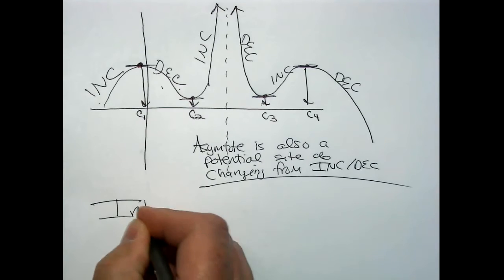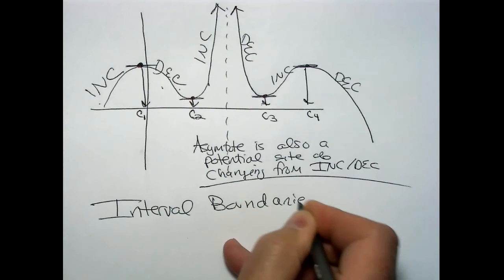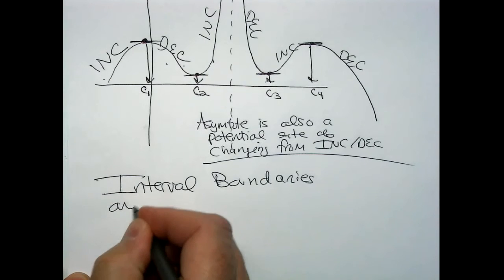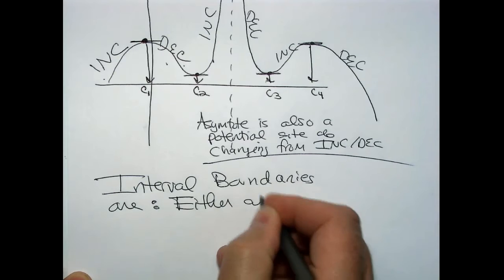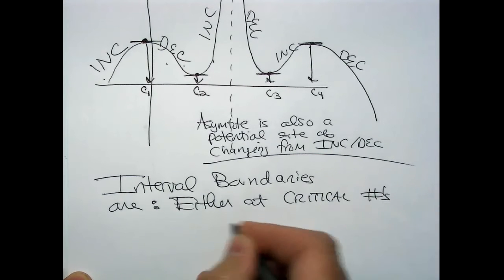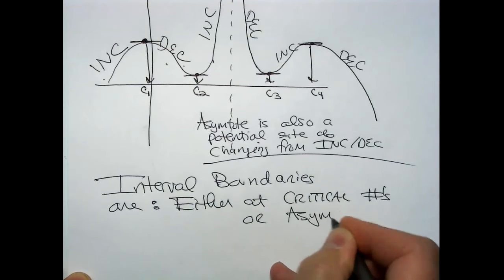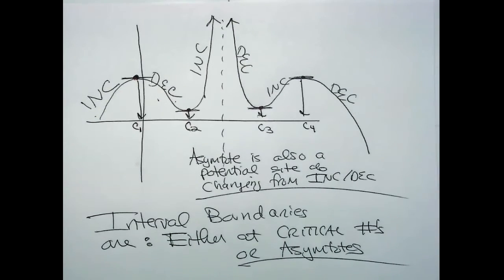The interval boundaries are either at critical numbers or asymptotes. Those will pretty much be the only places you're going to find the curve having the capacity to switch from increasing to decreasing. Critical numbers or asymptotes.